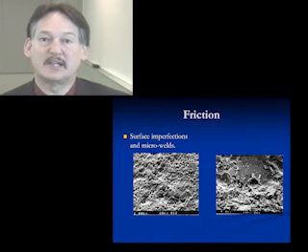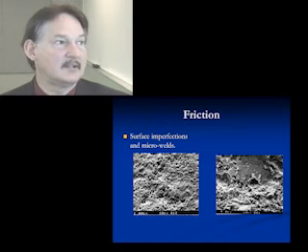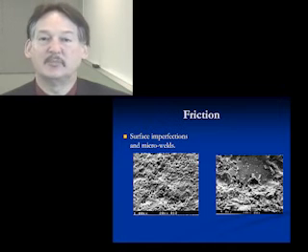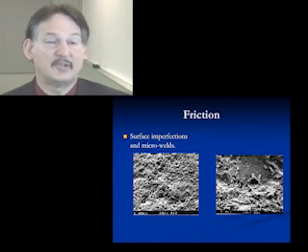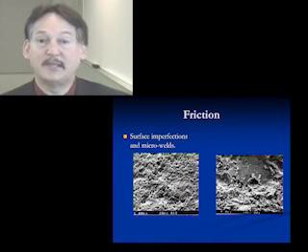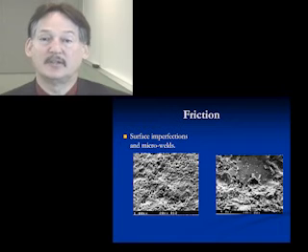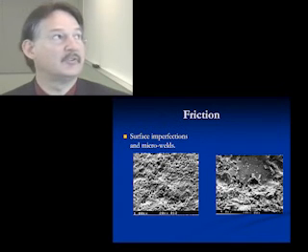You're attempting to slide one over the other, and these irregular hills and valleys on a microscopic scale are impeding one another and having to essentially break little pieces of these, perhaps micro welds forming if they're close together, and there's been some diffusion across between the two surfaces.